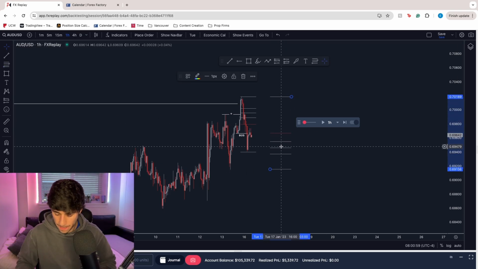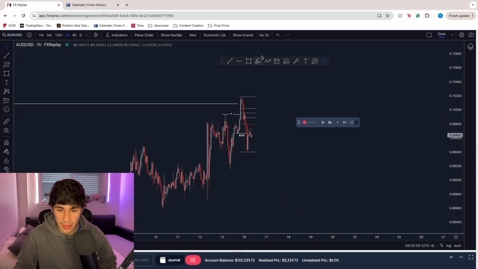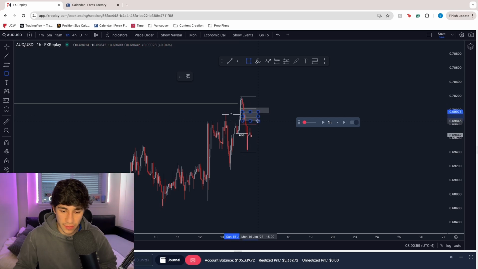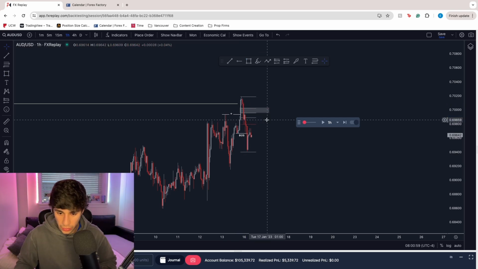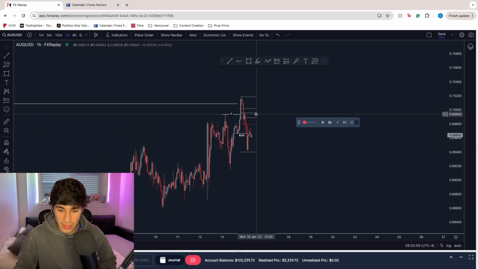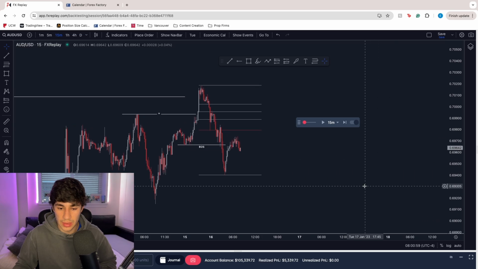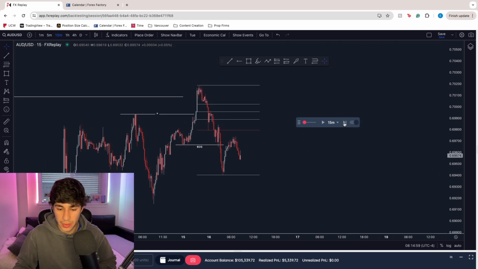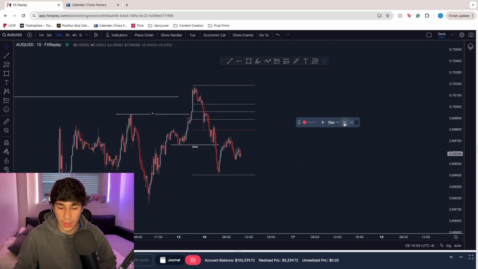Yeah, we can see some movement now, but we can see that there's a fair value gap here as well as a supply zone in this area. So what I'm gonna look for is to see if price is able to reverse, reject from some areas around this zone, and then look for some selling opportunities. So I'm gonna move forward to see if price is able to go up.